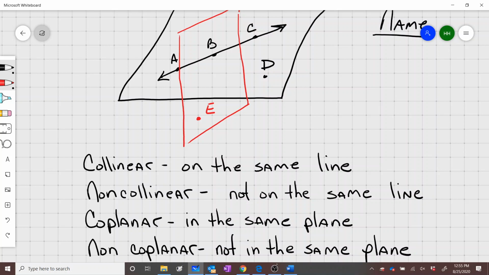B, yes, B, C, and D are in the same plane. See it? But then E is down here in this red plane, so B, D, and E would be considered non-coplanar. They're not in the same plane. It means that one of the three is not in the same plane.